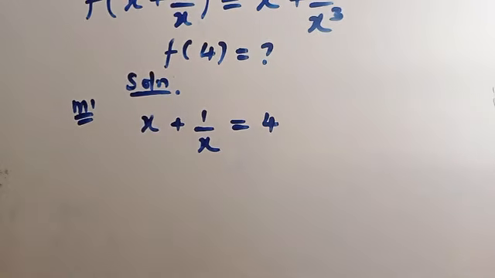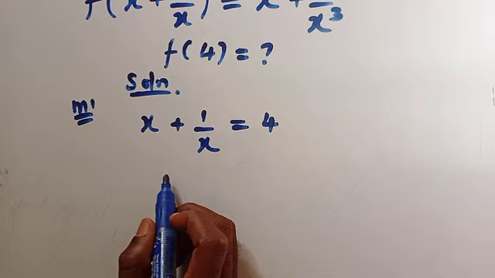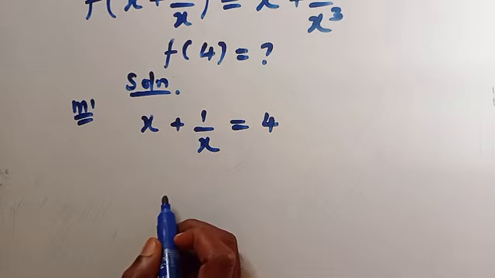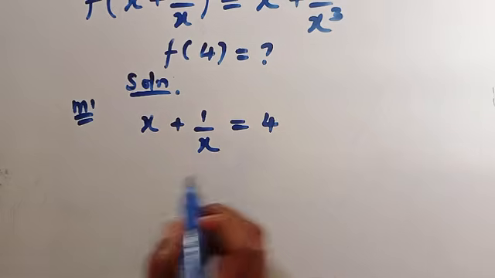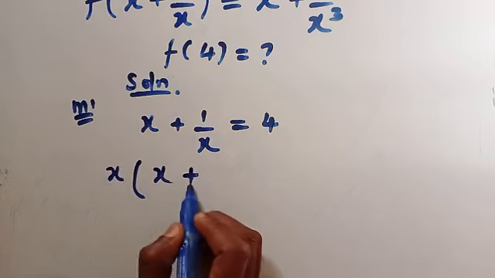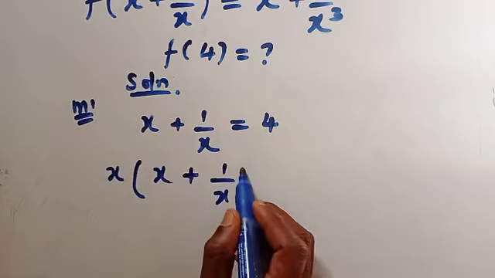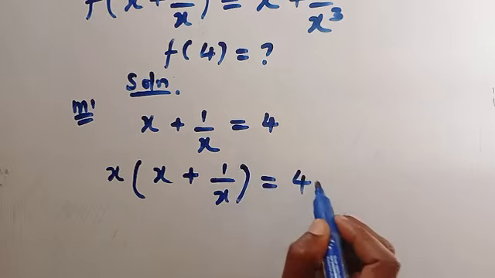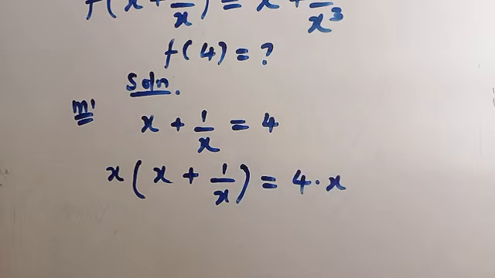Next, we are going to multiply both sides by x so that we can get the value of x. By multiplying through by x, we have x bracket x plus 1 divided by x equals 4 multiplied by x.